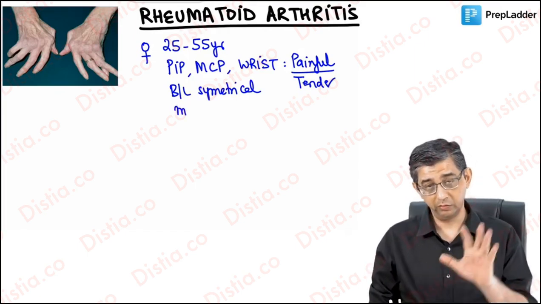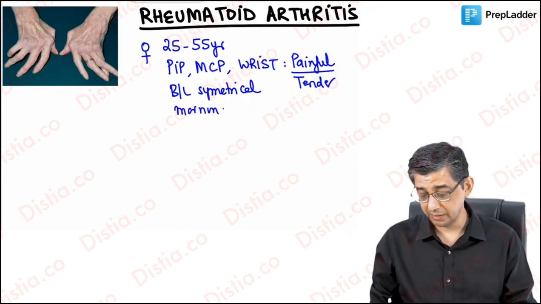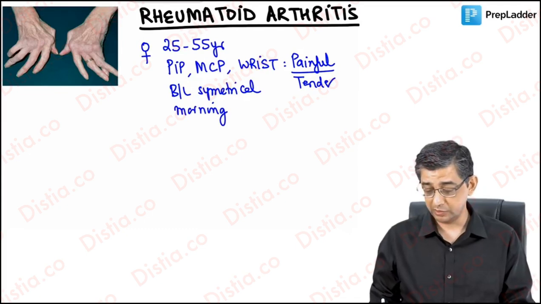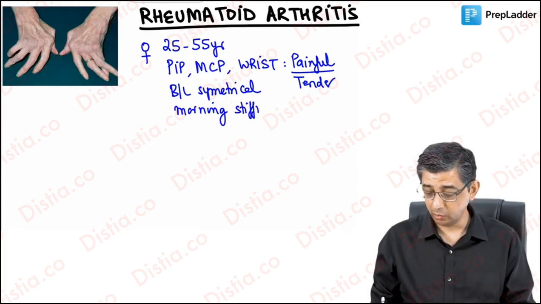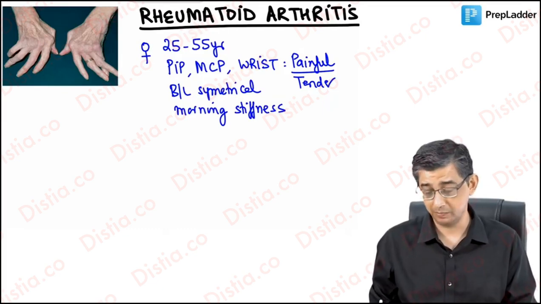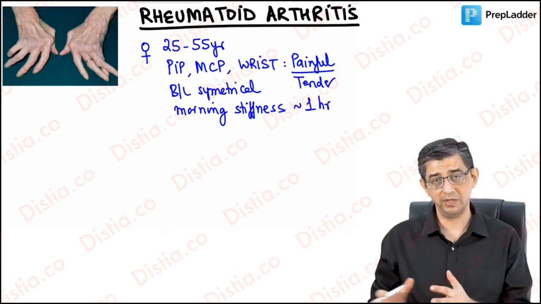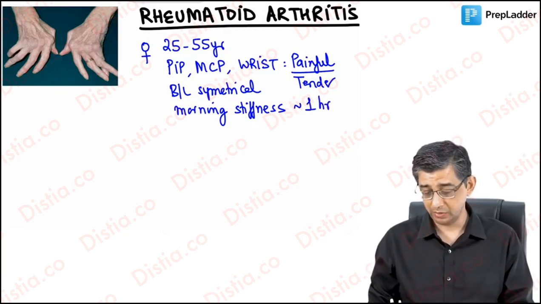The range of movements, you see, we can flex and extend our fingers. The range of movement of joints will definitely be affected, and lots of these patients will have difficulty, let me say, holding a toothbrush or just getting ready for office because of the morning stiffness, which might persist for a duration of 1 hour, and then as the day progresses, the manifestations subsequently reduce.